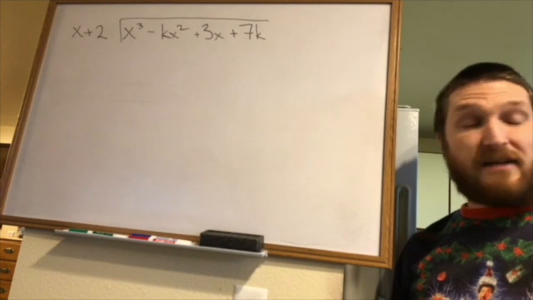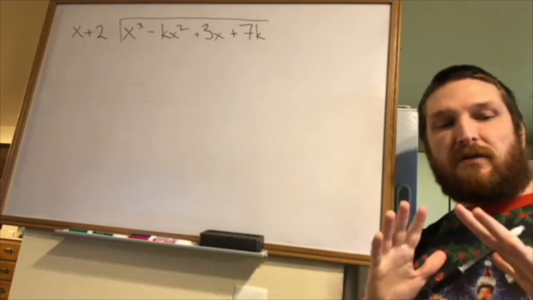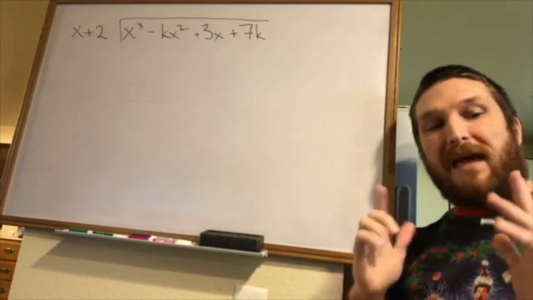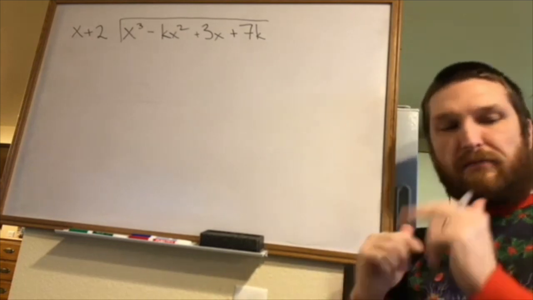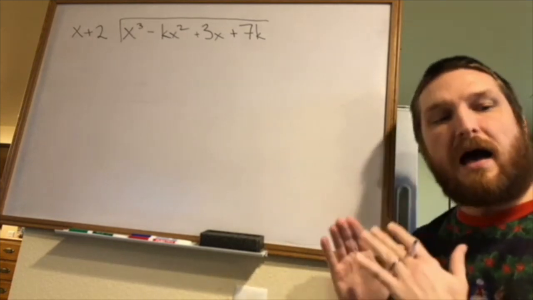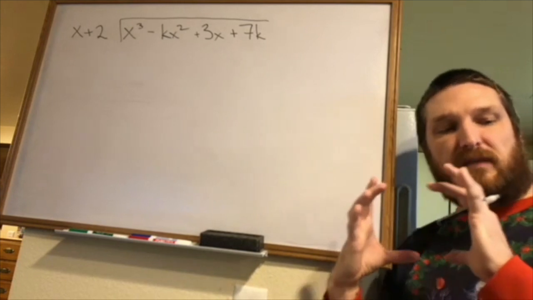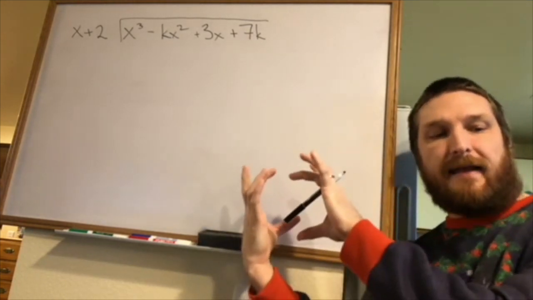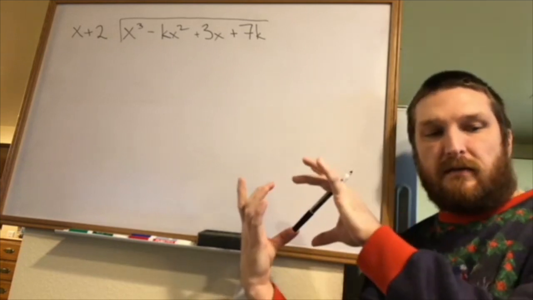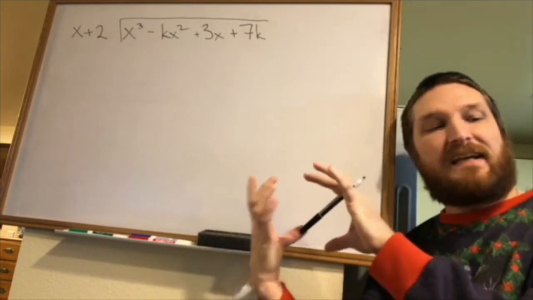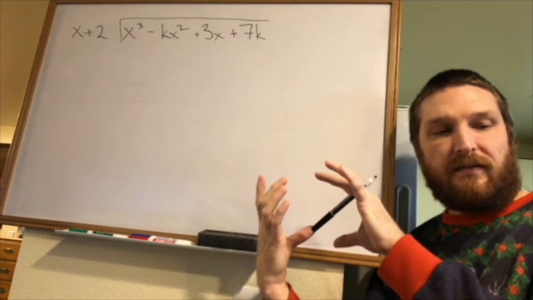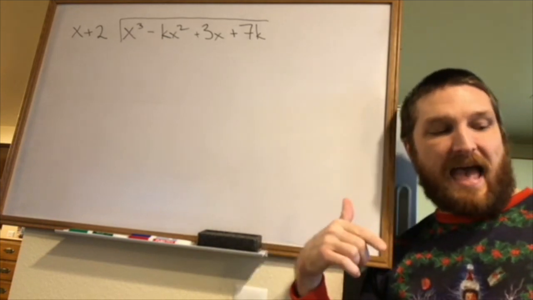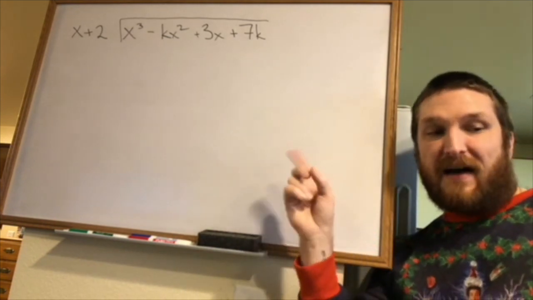This is just my intuition on this problem: if we just plug and chug and do the algorithm, I'll be left with some expression for the remainder, the very last thing that I get. And then maybe I could set that equal to 0.